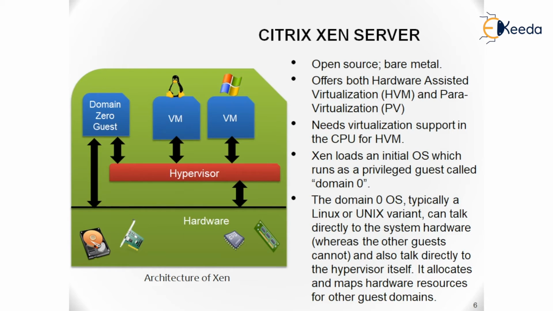The domain 0 operating system, typically a Linux or Unix variant, can talk directly to the system hardware, whereas the other guests cannot, and it also talks directly to the hypervisor itself, and it allocates and maps hardware resources for other guest domains, which are different from the installed guest operating system. So this is one kind of role performed by the Xen hypervisor.